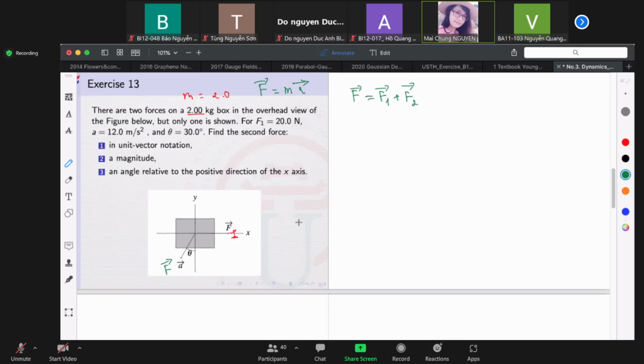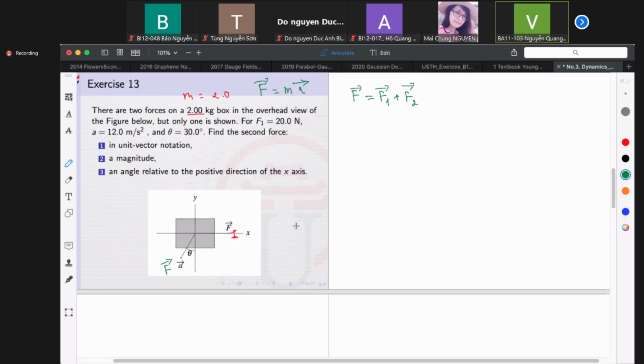I find the magnitude of F net. Oh yes, you find the magnitude of F net. So what about F net? F net equals m multiplied by vector a. It's a vector quantity, right? We have vector F equal to mass multiplied by vector a.